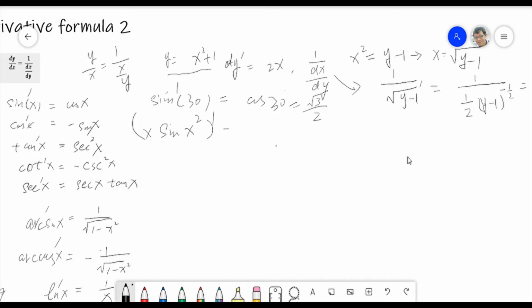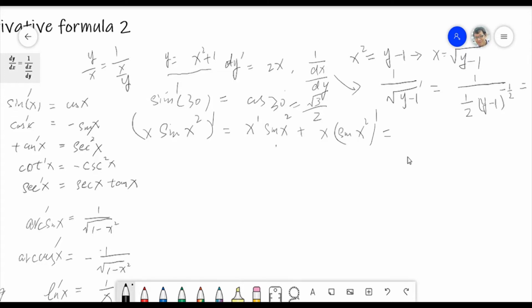That's a little hard. This is a multiplication, so you should do it this way: x prime times sine x squared, plus x times the derivative of sine x squared.